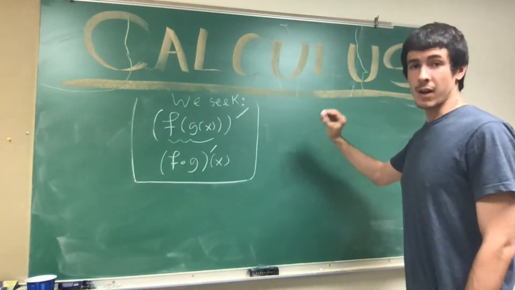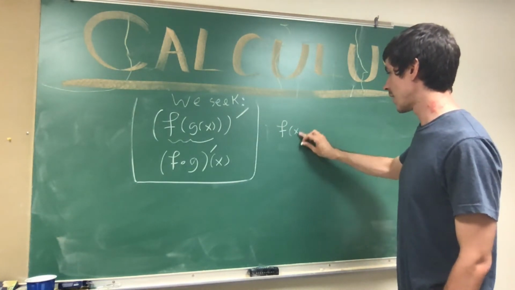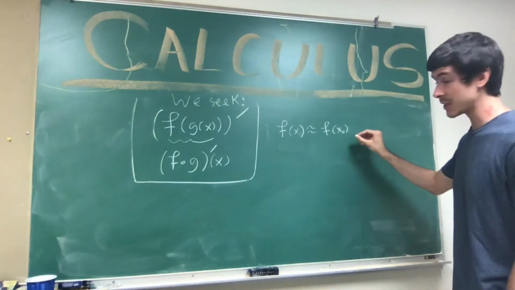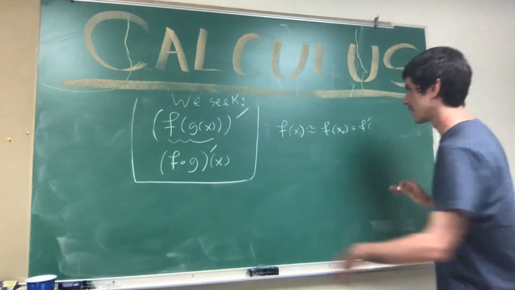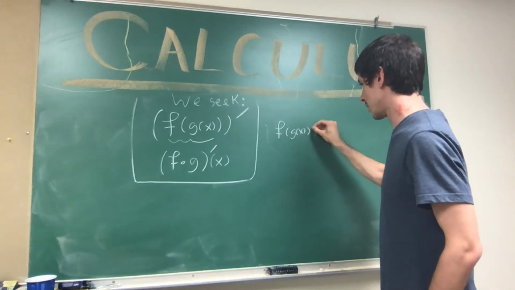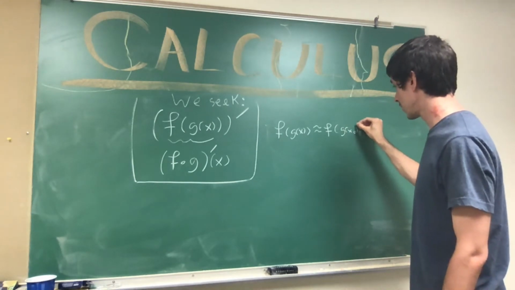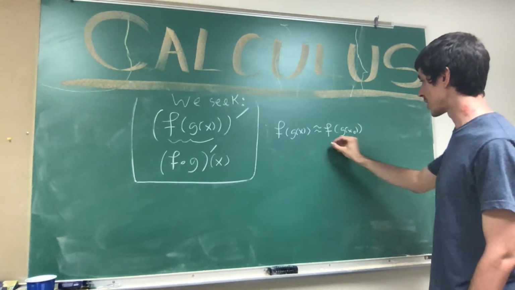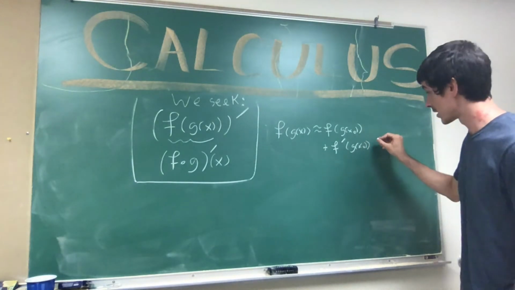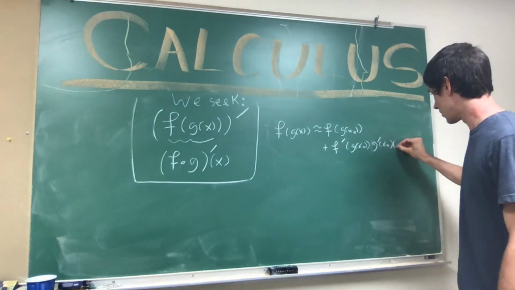We have f of g of x is approximately equal to f of g of x0 plus f prime evaluated at g of x0 times g prime of x0 times x minus x0.